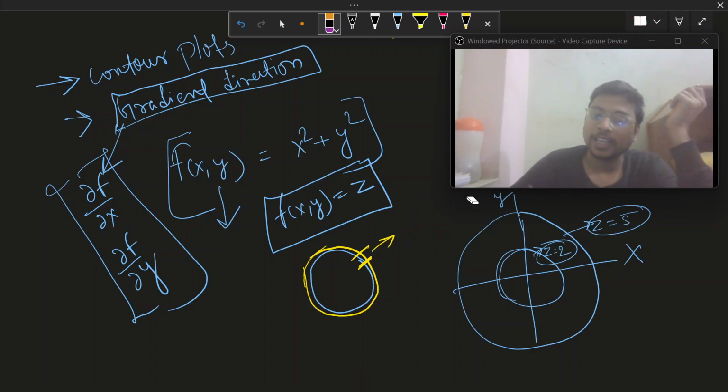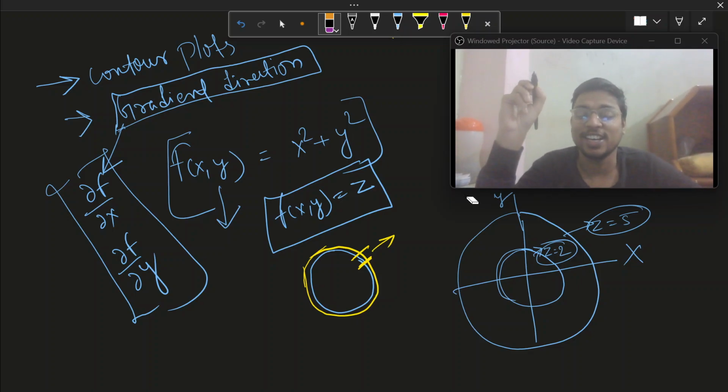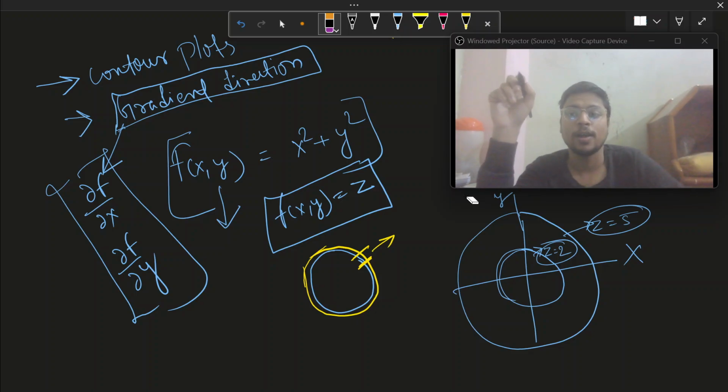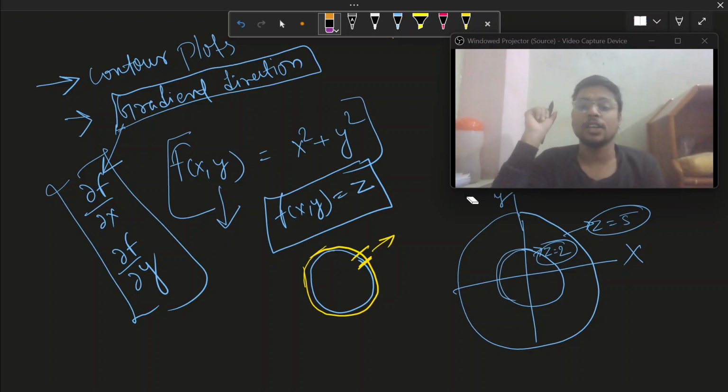So the direction of the gradient is always perpendicular to the contour plots.